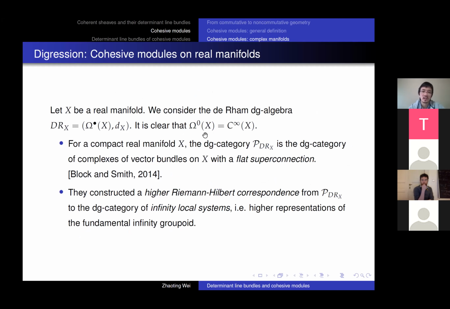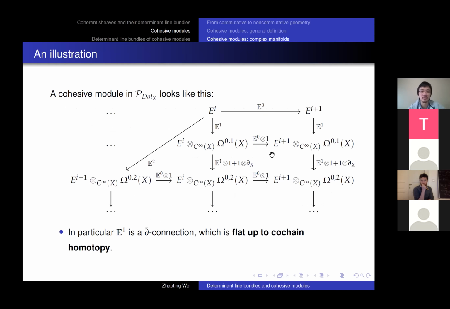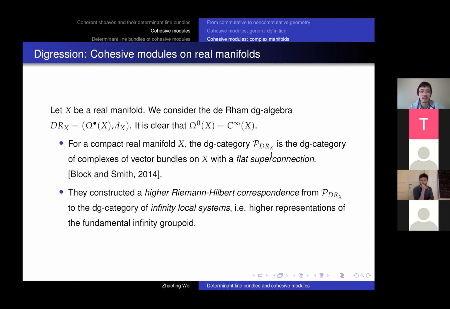In this case, if we consider a real manifold with the de Rham algebra and we consider the DG category of cohesive modules, then we get the DG category of complexes of C infinity vector bundles on X with flat super connection, with connection which is almost flat. That's the same as before, flat up to Cauchy homotopy.